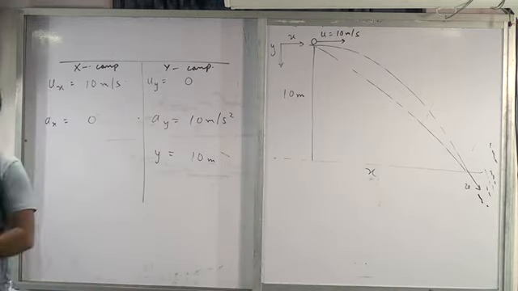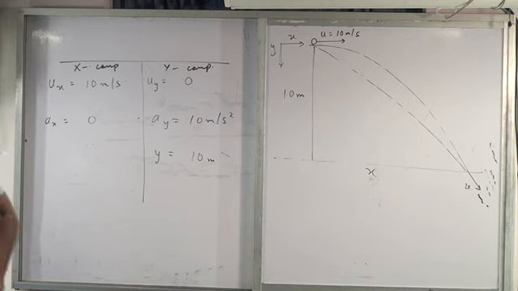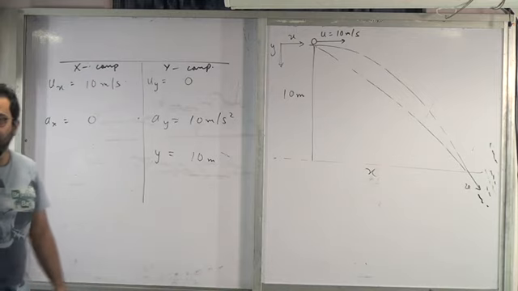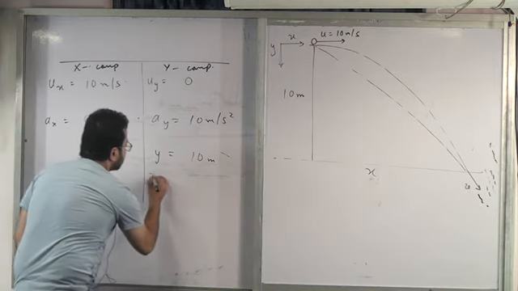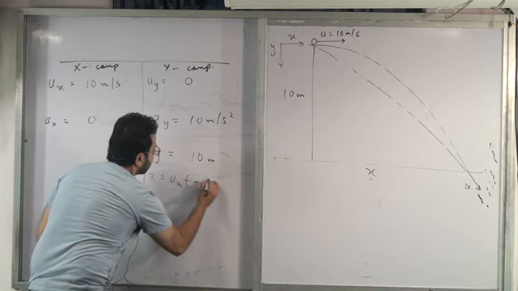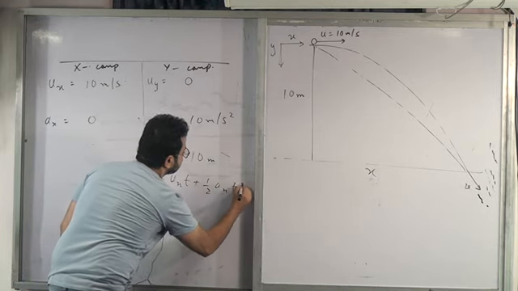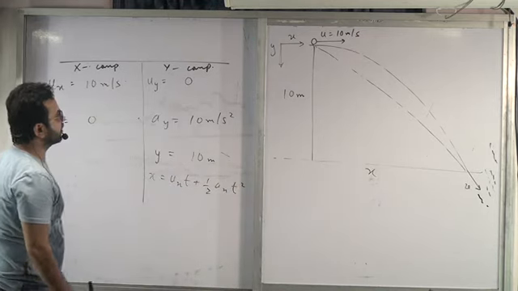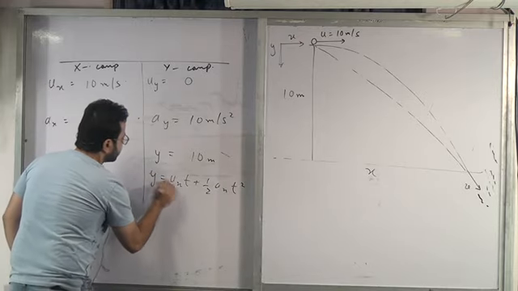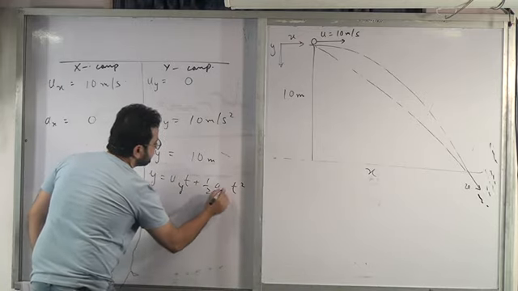Can I calculate the time taken for the fall? What should I use? y is equal to uyt plus half ayt square.